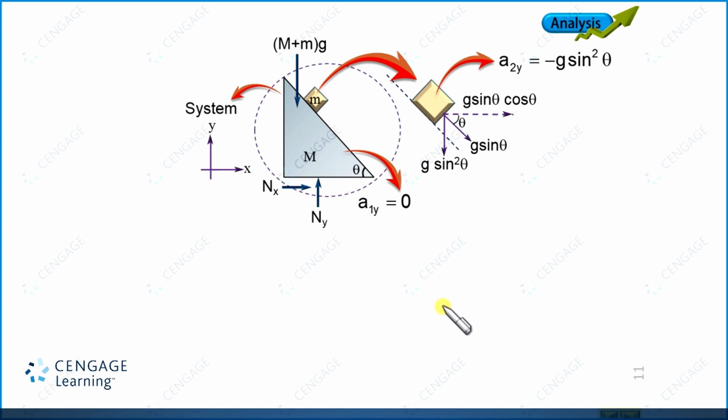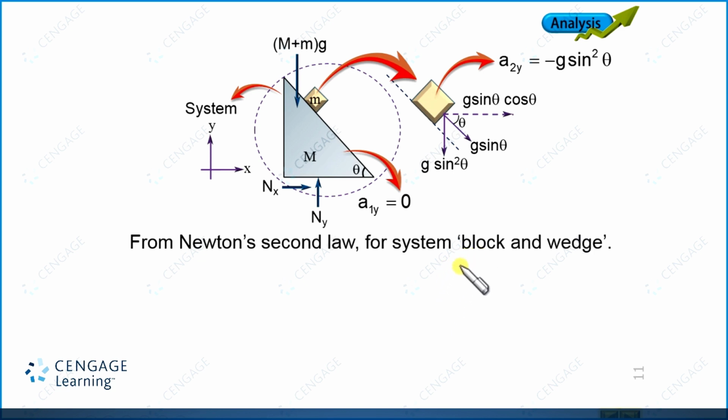Now let us apply Newton's second law for system. In system, we include capital M and small m. Because we are observing here the acceleration of this block in the downward direction, and acceleration of capital M is 0, that means the center of mass will move in the downward direction, we can say.